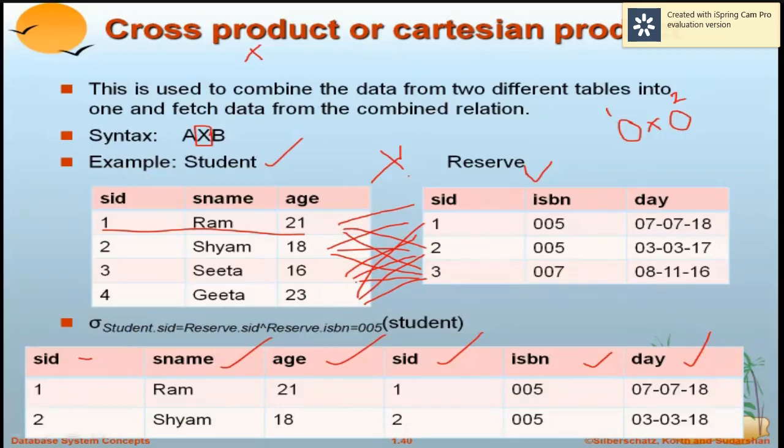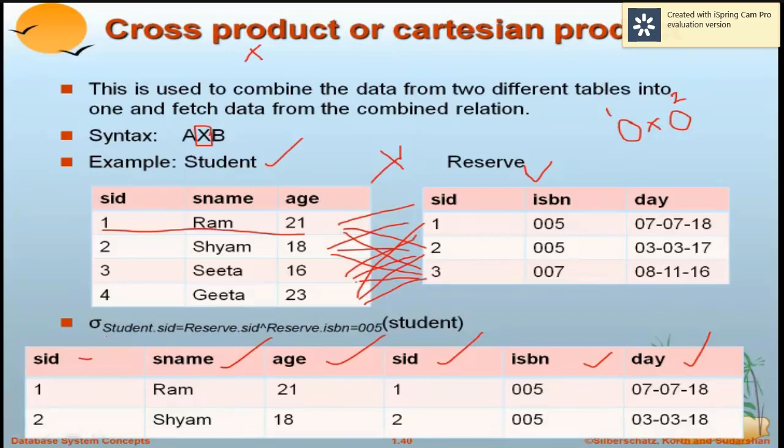In that case, there's a chance you may have some meaningless information also added in your output table. Among that meaningless output, I need to pull out the desired values. So how to pull the desired values or meaningful output from the output table of cross product?